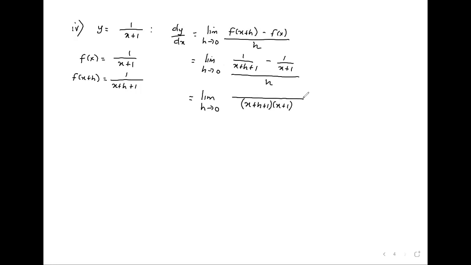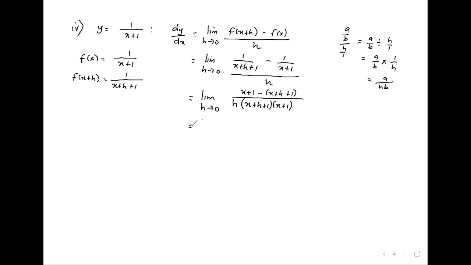And the numerator there will be x plus 1 minus x plus h plus 1. Dividing by h here is the same as multiplying h in this denominator. It's like we have a over b divided by h over 1, which will be a over b multiplied by 1 over h, which is a over h multiplied by b, where b is this whole thing here.